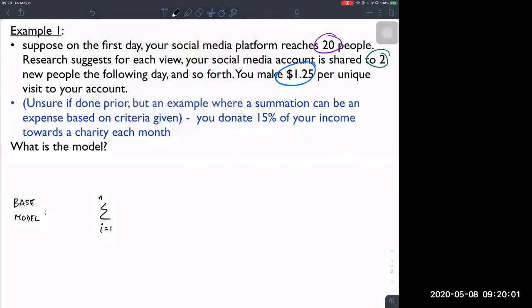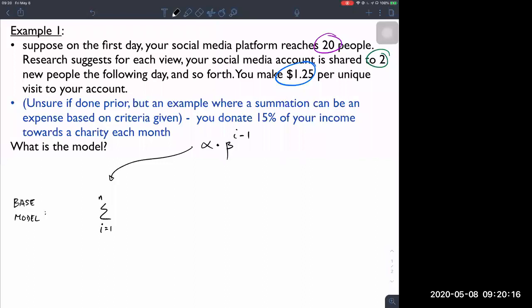And you know that specific to summations, it takes the form that we've learned, alpha times beta to the i minus 1. How do the numbers fit, right?